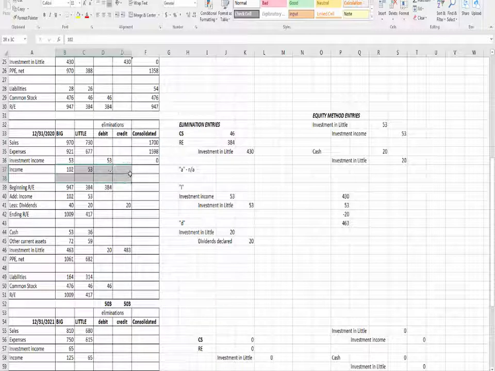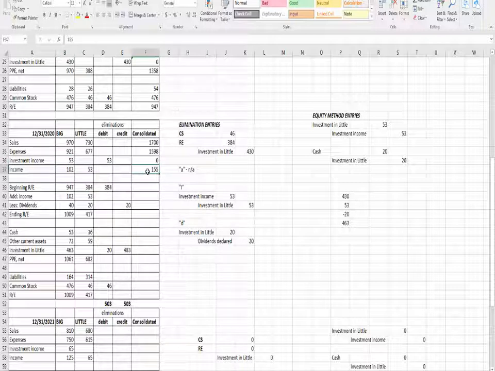Don't simply add across. If we were to simply add across that row, we'd have 155. 102 plus 53. That is not correct. That 155 double counts Little's income. Little's income of $53 is included obviously in Little's income statement, but it's also included in Big's investment income.